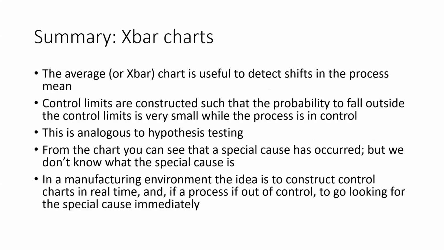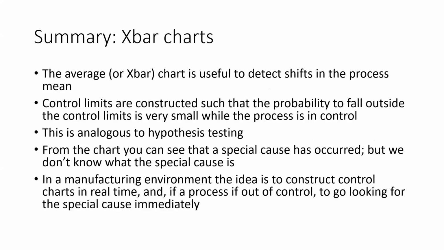In summary, the X bar chart is useful to detect shifts in the process mean. The control limits are constructed just like confidence intervals, but specifically as these 3 sigma control limits. So it's exactly analogous to confidence intervals in hypothesis testing.